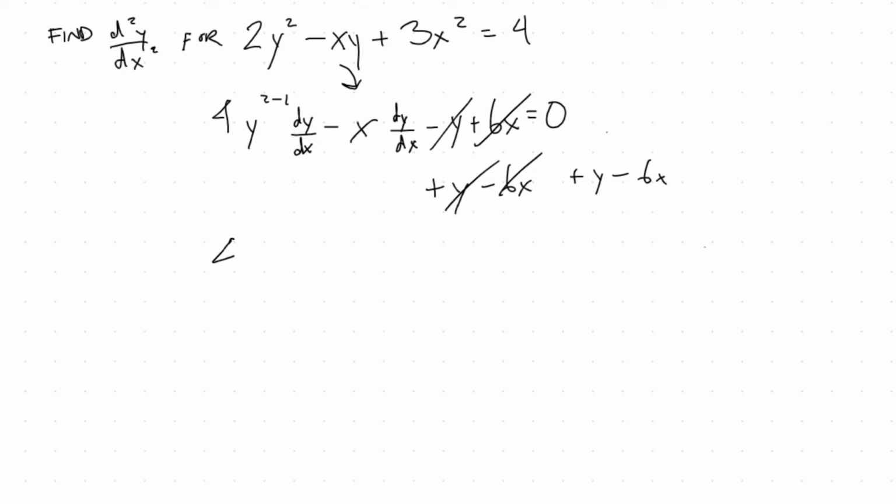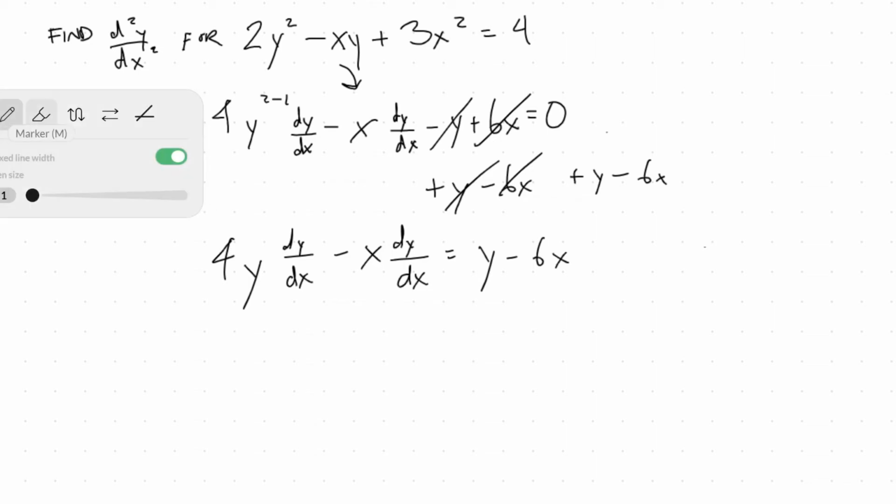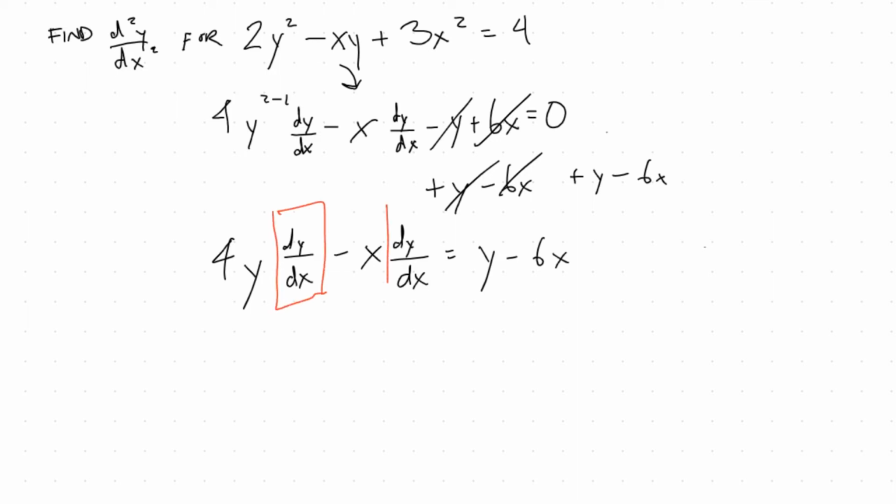And I'm going to have 4y to the first dy over dx minus x dy over dx equals y minus 6x. Now I notice that I actually have my dy/dx as a factor of both of these terms.